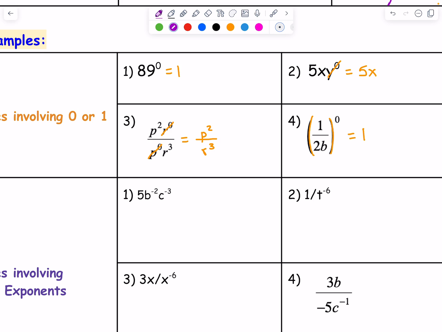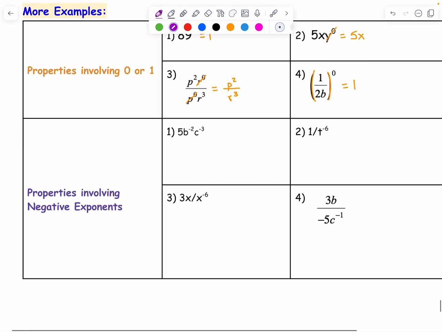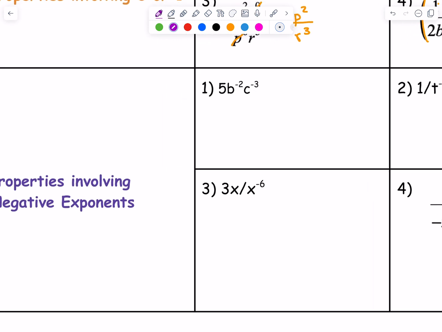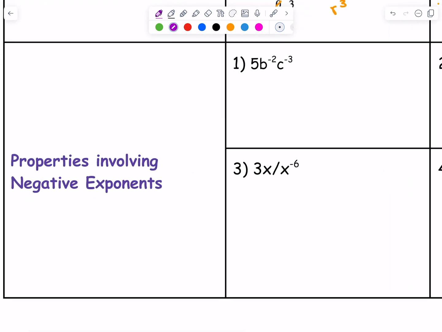All right, let's look at a few more of the negative exponents. So the negative exponent rule, remember, is to move it up or down depending on where it's located. So for this example, I have 5 that would stay in my numerator, but I would need to move the b and make it a positive 2 exponent, and the c and make it a positive 3 exponent to the denominator.